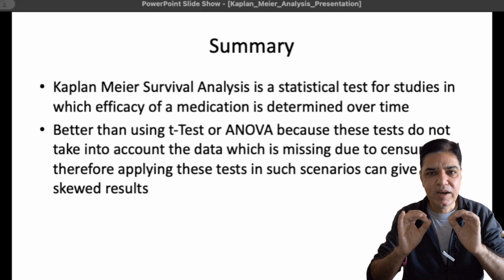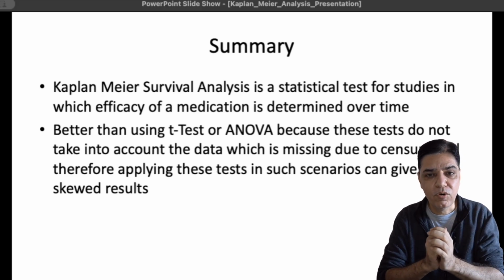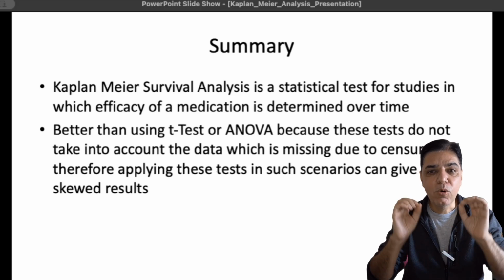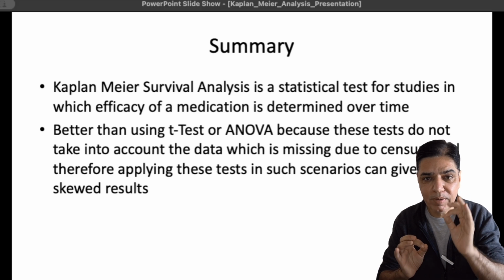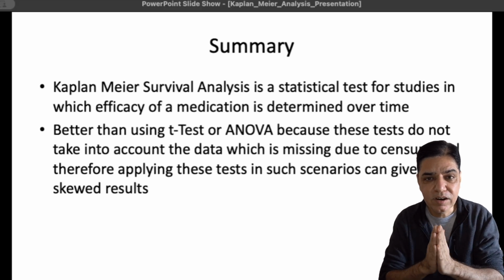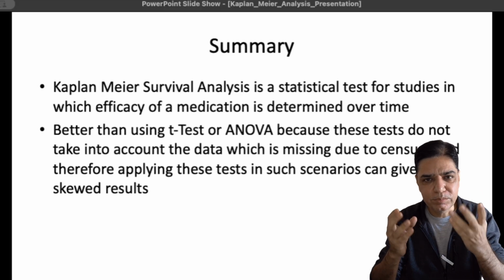So the Kaplan Meier statistical test is a very beautiful test for determining the efficacy of medication or intervention over time. I hope with this example from pediatrics, you now understand what a Kaplan Meier survival analysis curve is, why it is used, how it is done, and what is the beauty of this test.